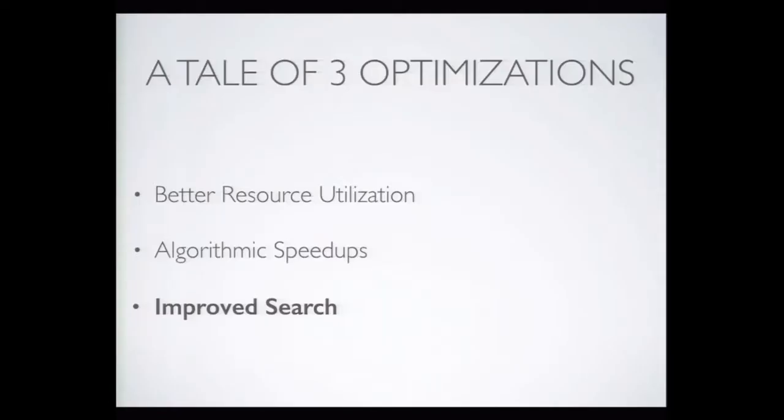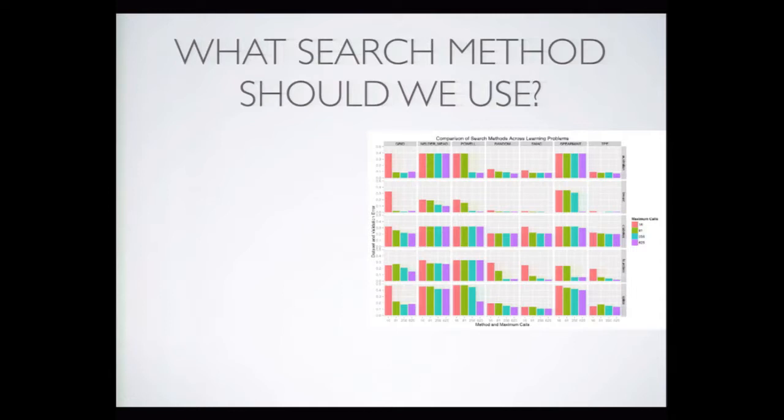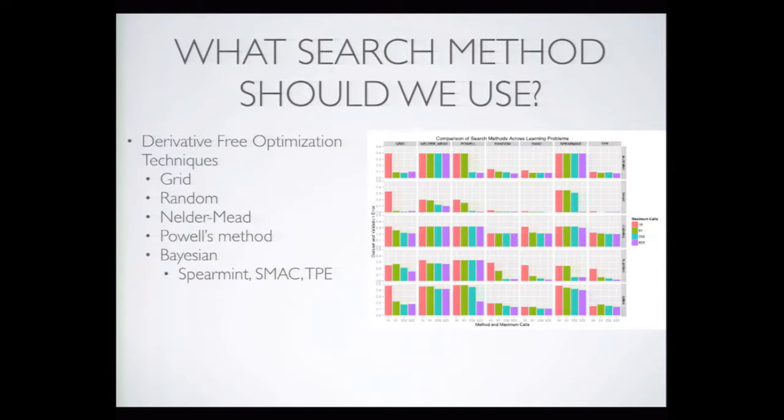So finally, the last bit of optimization I want to talk about here is improved search. So the question is what search method should we use to go over this hyperparameter space? It turns out that there are a lot of existing search methods for what we're calling derivative-free optimization problems. And that's not our word. That's something that's existed in the literature for years.